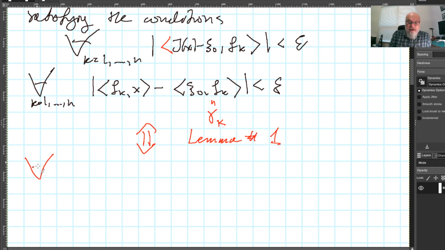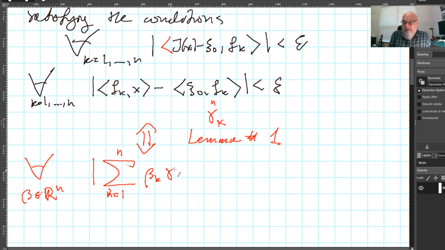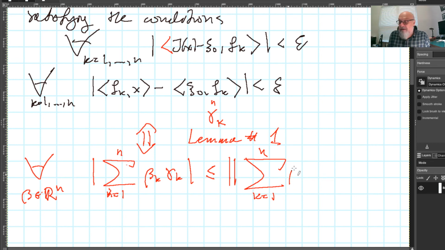That for every beta belonging to Rn, the sum for k equal 1 to n of beta k gamma k is smaller or equal to the norm of the sum for k equal 1 to n of beta k Fk. Do we have this condition?